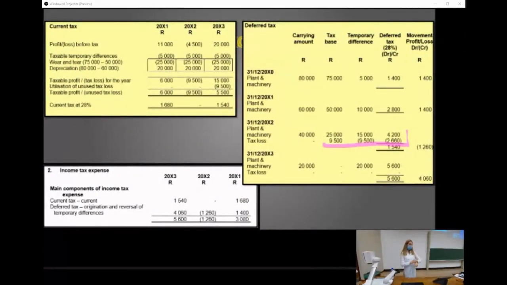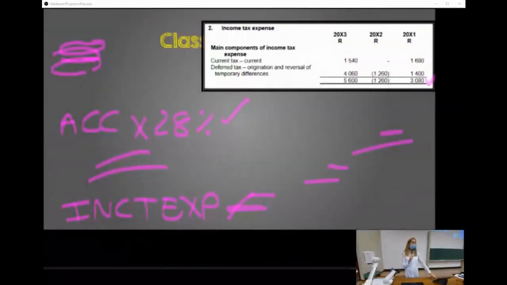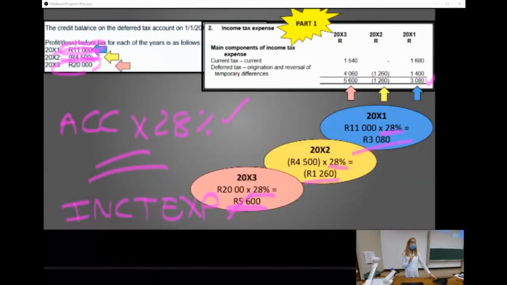If we have a situation, which we will get to on Monday, where we are not able to recognize the full amount, then you'll see that now we need a recon. Now we need to say, okay, stop the bus. There's a reason why if I take my accounting loss multiplied by 28%, it doesn't agree to my income tax expense, and that's because a portion of my unused tax loss I could not recognize as an asset. Good.